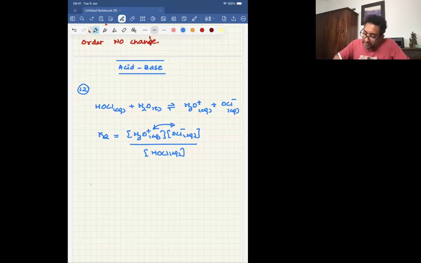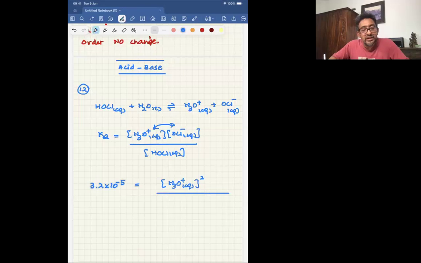So the dissociation constant, 3.2 10 to the power minus 5, equals the hydronium ion concentration squared divided by the HOCl concentration, which is 1.25 10 to the power minus 2. Remember, this is in moles per cubic decimeter.